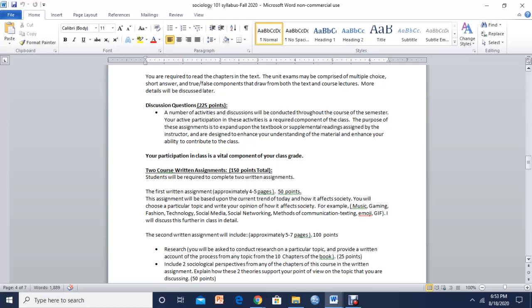Just don't give me short answers. I want you to elaborate and explain how you answer the question, so that I see that you have a full understanding of my discussion question. Also, part of discussion questions, if you haven't done it before: when your fellow students and classmates answer a question, you give feedback on their answer as well.